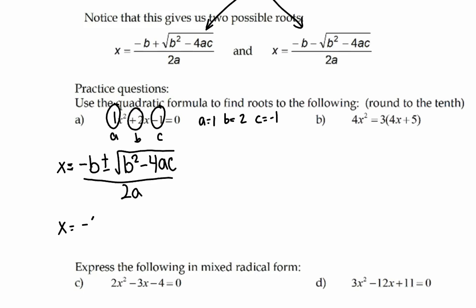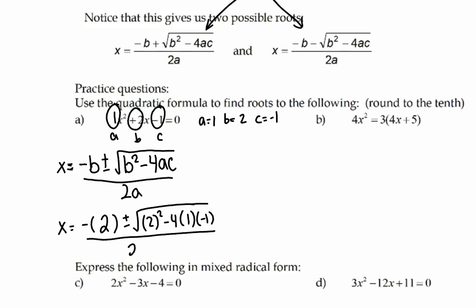So negative bracket, what's your b value? 2. So you want to go straight to changing it to the proper sign right away. That's fine, but just be careful of that negative b. That's where students make a mistake. B squared, so 2 squared minus 4 times a, which is 1, times c, which is negative 1, all over 2 times 1.